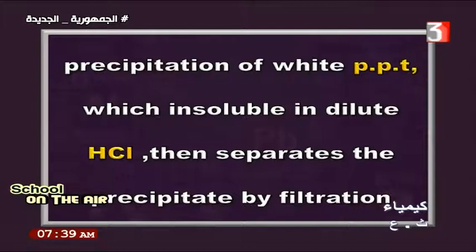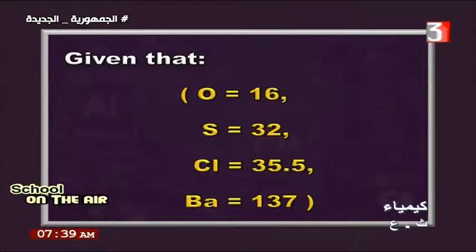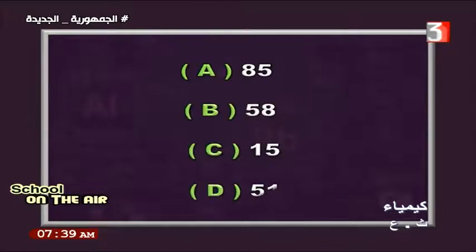Then separate the precipitate by filtration and drying it, so its mass is 2 gram. So the percentage of water of crystallization will be what? Given that the atomic mass of oxygen 16, sulfur 32, chlorine 35.5, barium 137. So is it 85 or 58 or 15 or 51?